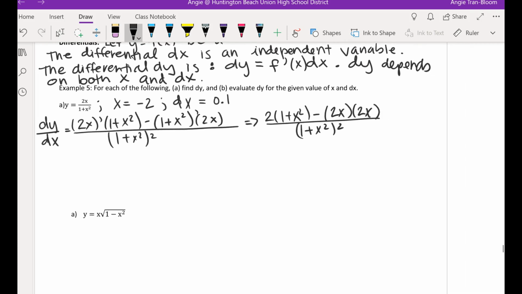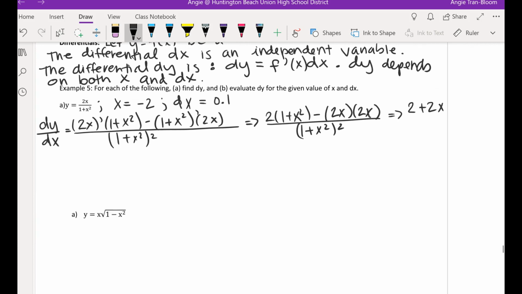Let's keep on going. We are going to have 2 plus 2x squared minus 4x squared all over 1 plus x squared. That will give me -2x squared plus 2 all over 1 plus x squared.